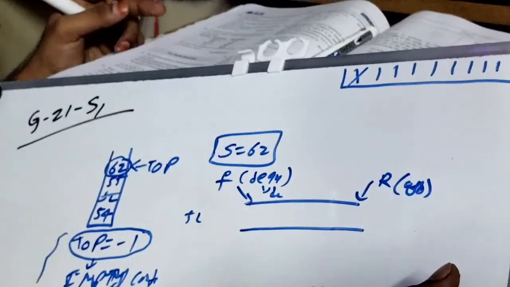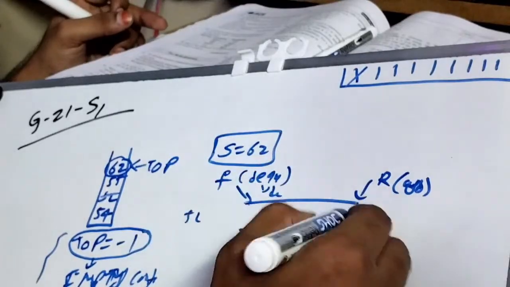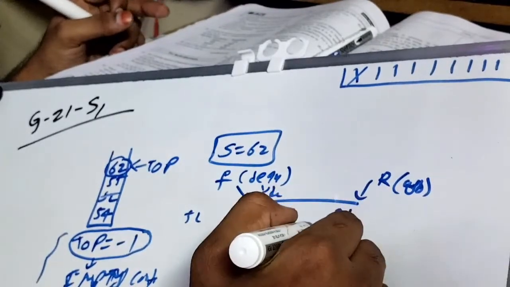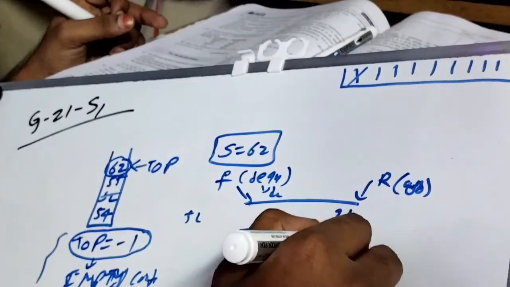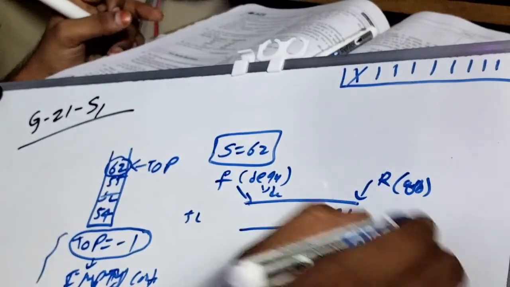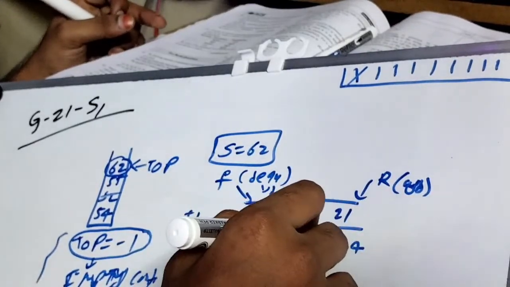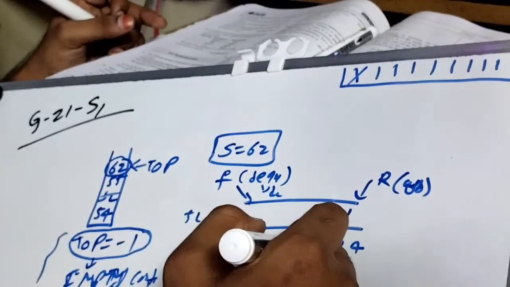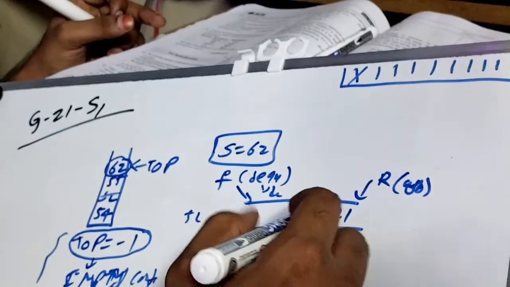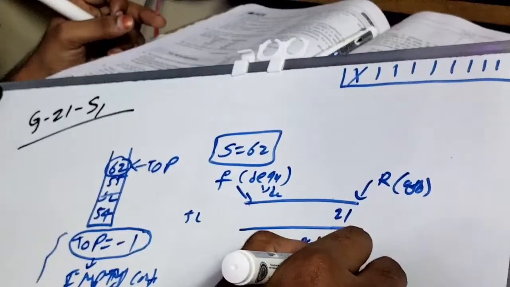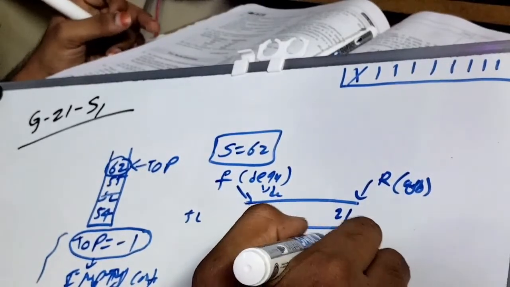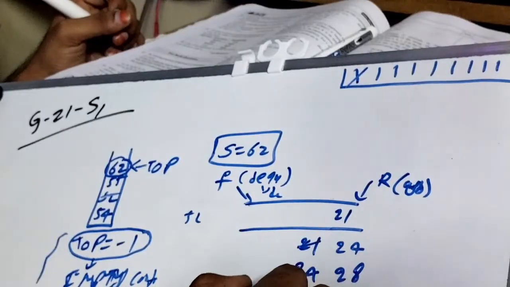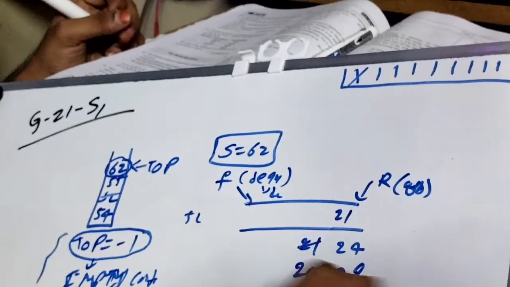So first we NQ 21, then NQ 24, so it becomes 21 and 24. DQ means removing 21. Then NQ 28, giving 24, 28. Then NQ 32, giving 24, 28, 32.